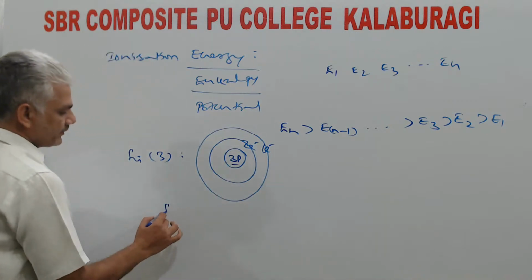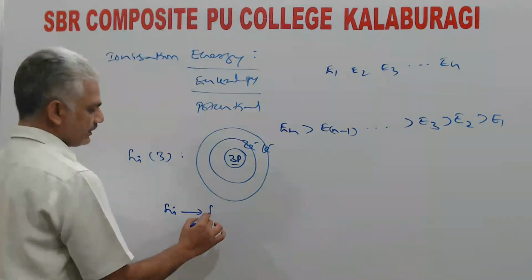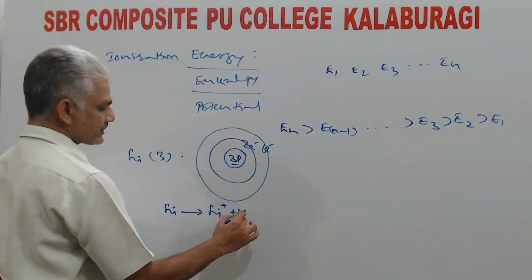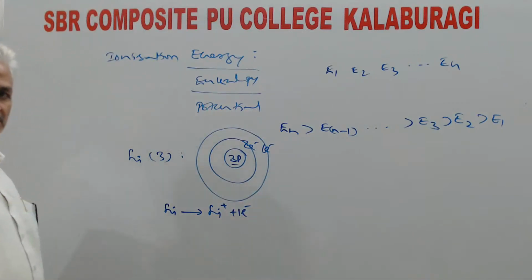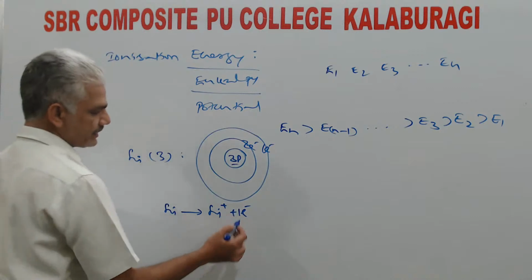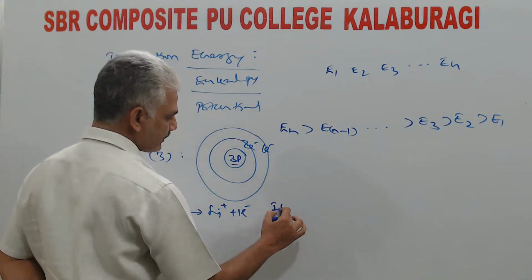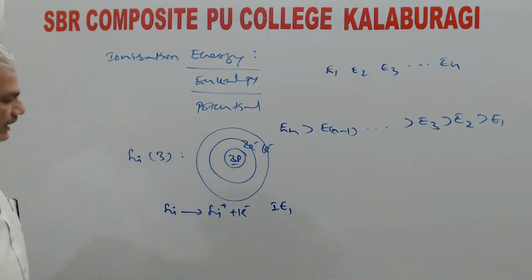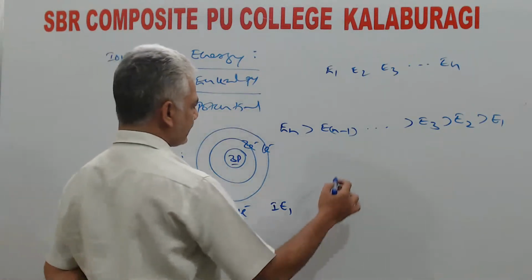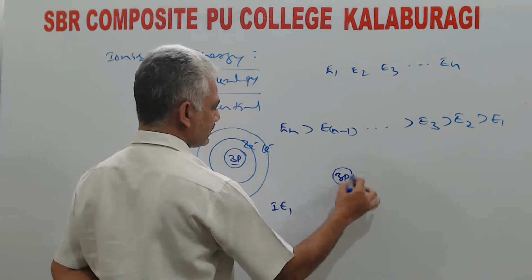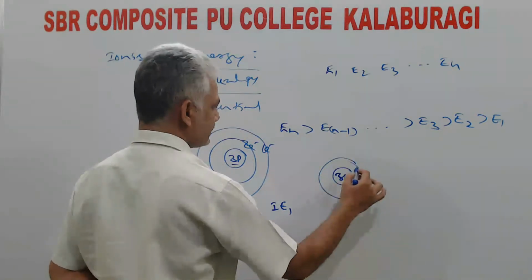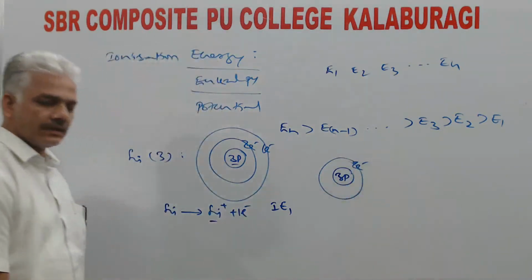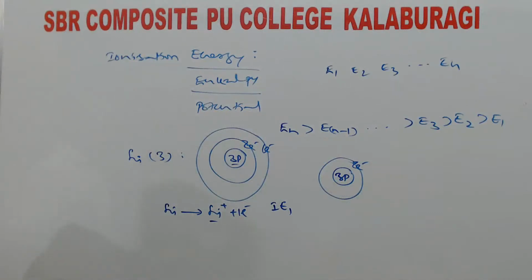So, from lithium, when you take out 1 electron, it will become Li+, a unipositively charged ion. For this purpose, whatever energy is required is called the first ionization energy. And this lithium ion can be represented like this: 3 protons, their number has not changed, and the number of electrons is 2.